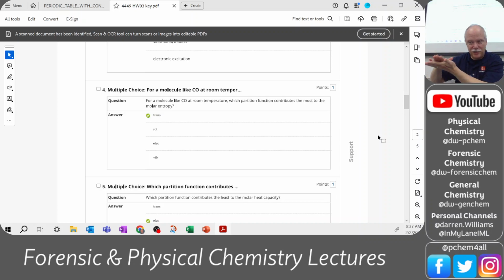Translation levels are so close together, there's thousands upon thousands that are populated. So the entropy is really driven by translational motion. That's why when you make more gas molecules, the entropy goes up. So in a reaction, if you see gas molecules on the right and no gas molecules on the left, entropy really goes up in that reaction. So that's driving it forward in terms of spontaneity.